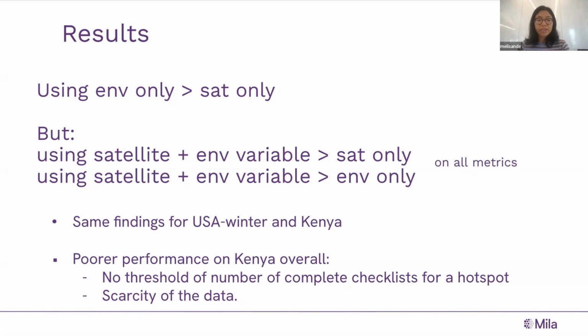Now, in Kenya, the performance is just poor overall, and that is, I think, due to two things. First of all, because we had so little data, we did not put any threshold on the number of checklists that had to be there at a given hotspot.